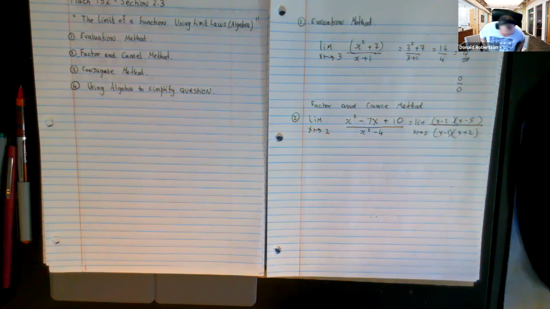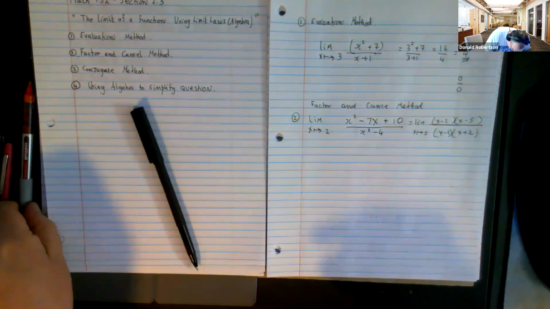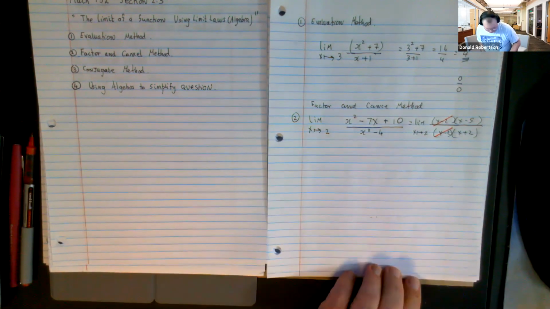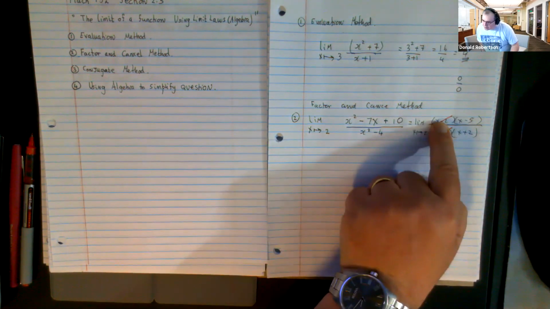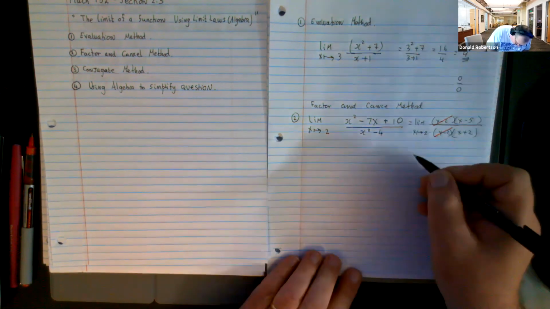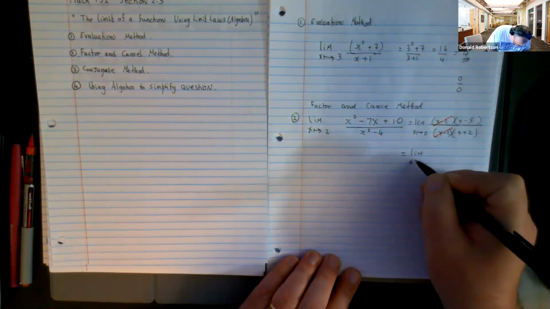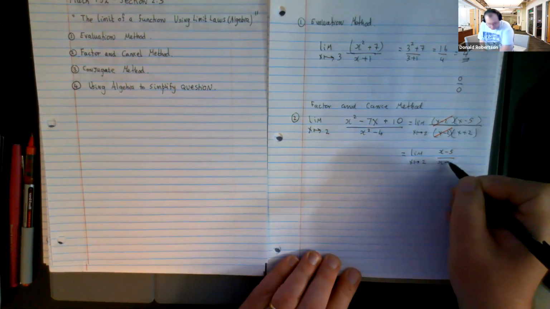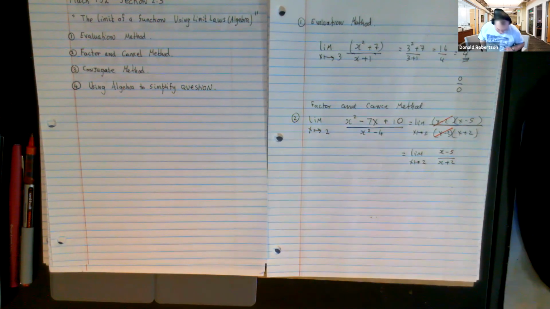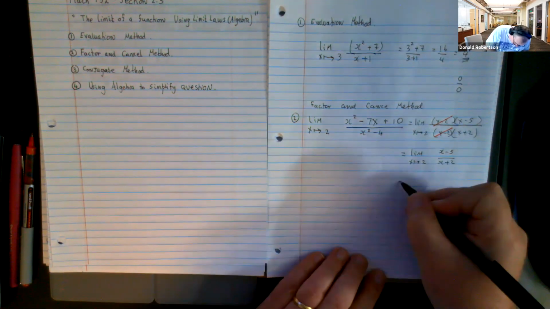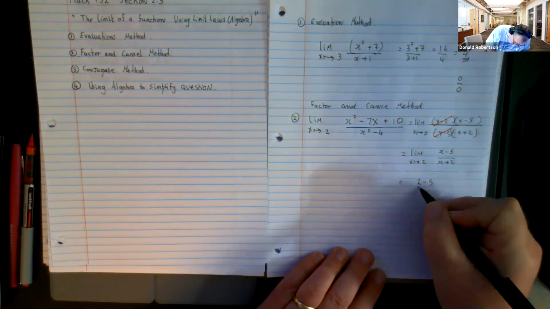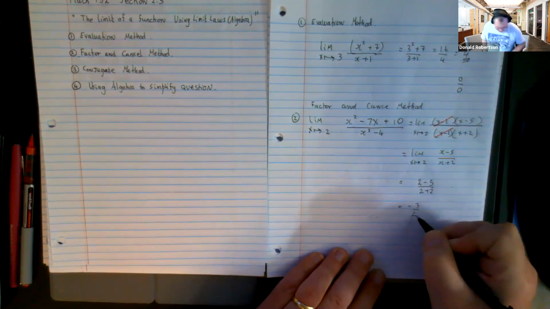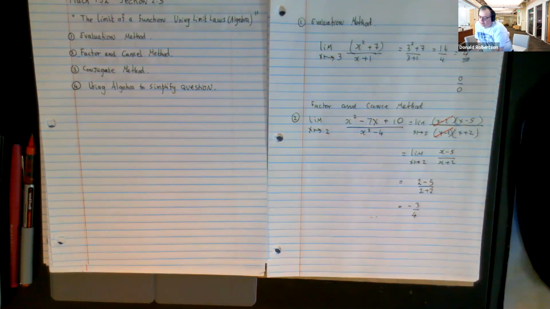Now, after you factor it, if you're really good and lucky, won't there be some cancelling going on? x minus 2 cancels with x minus 2, which is allowed according to the laws of limits, that you are allowed to cancel the same term top and bottom. And so I've now got this, but this is doable. And the answer is -3/4.